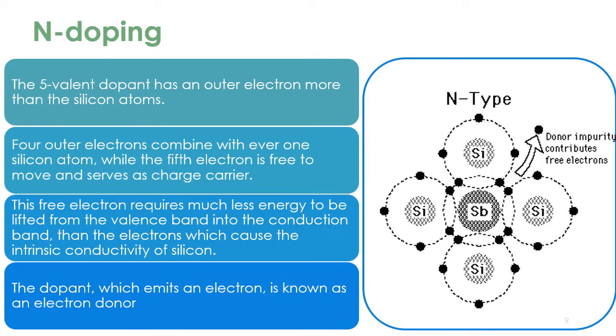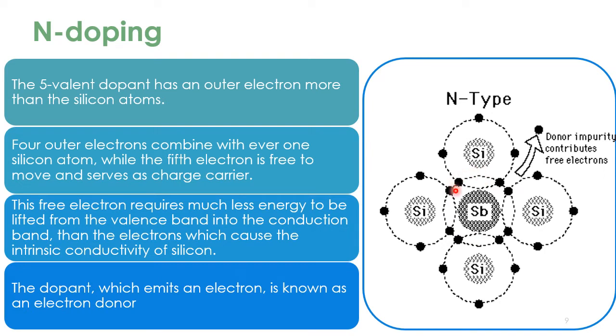For n doping, the negative doping, the 5-valent dopant has more outer electrons than the silicon atom. The silicon atom has 4 outer electrons in the valence layer, right? But the donor has 5.